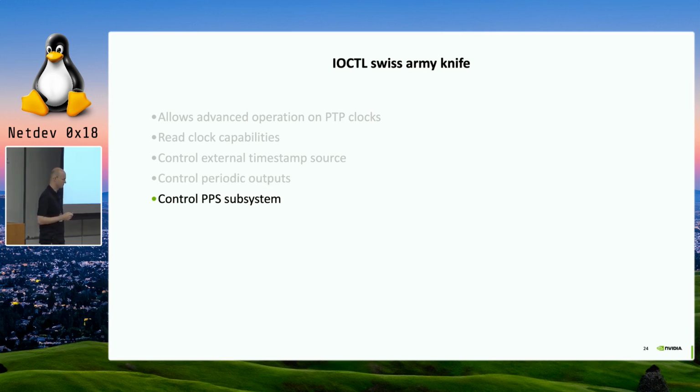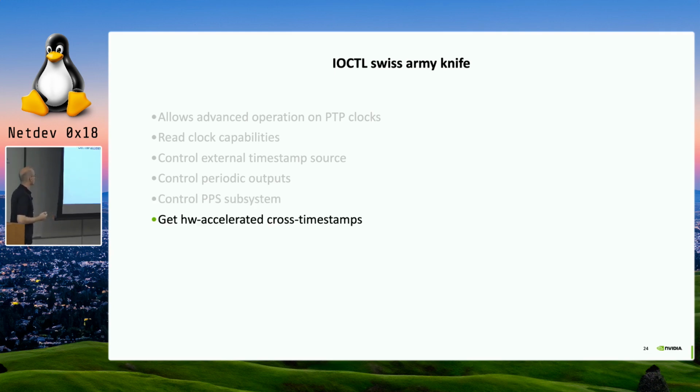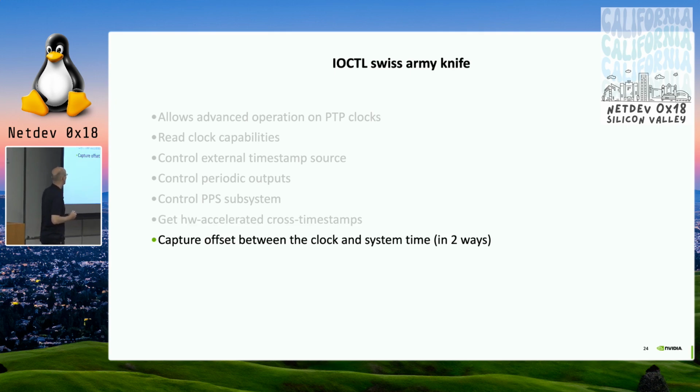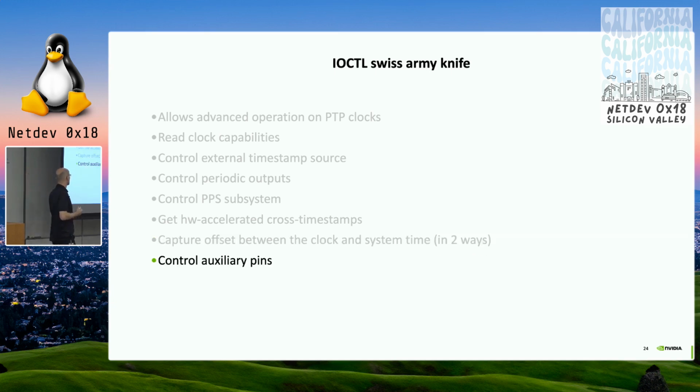They control the PPS subsystem, which was in the past confused with the external timestamp source, but it has a different meaning in the kernel. It controls hardware accelerated cross timestamps, so for example, a PTM. It captures the offset between the clock and the system time in 2 ways, and controls the auxiliary pin.